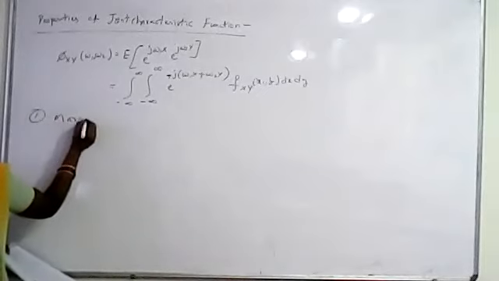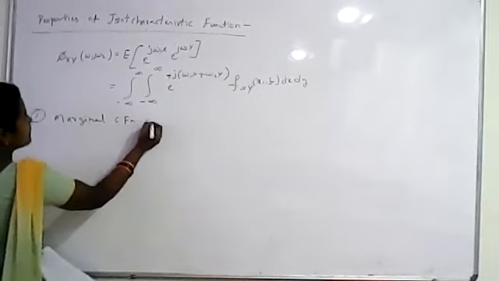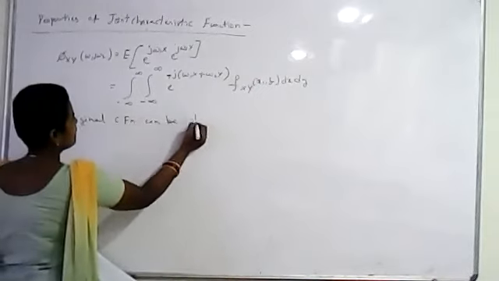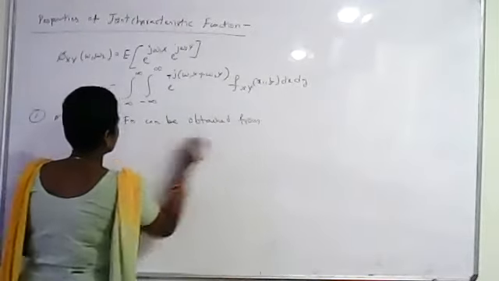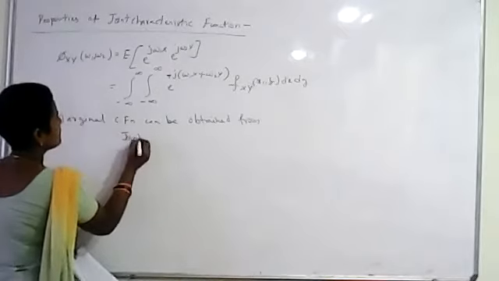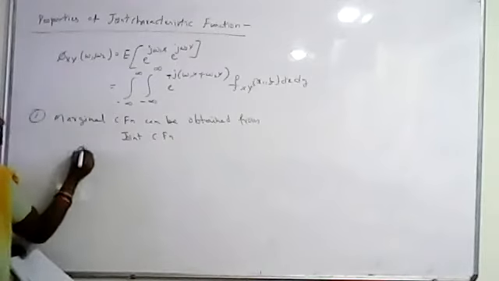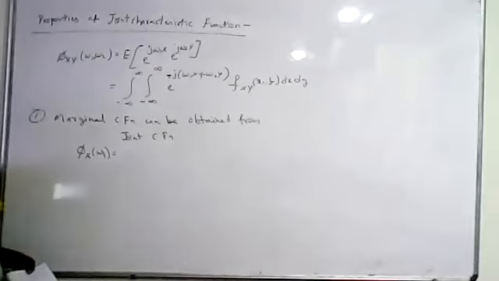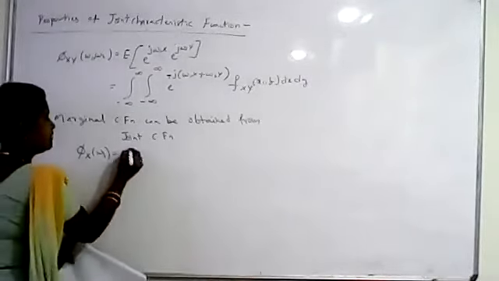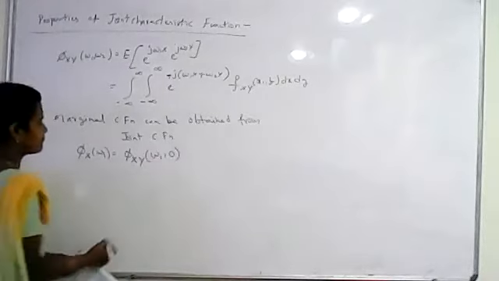Okay. Marginal characteristic function can be obtained from joint characteristic function. So what is marginal characteristic function? phi x of omega 1 is the marginal characteristic function. phi x of omega 1 can be obtained from phi xy of omega 1 comma 0.